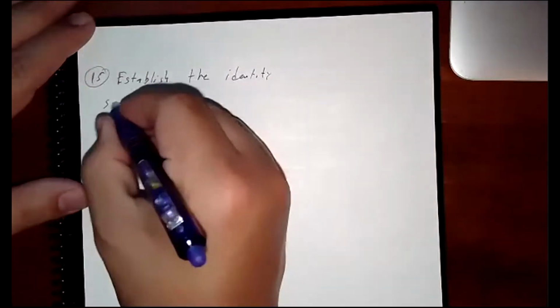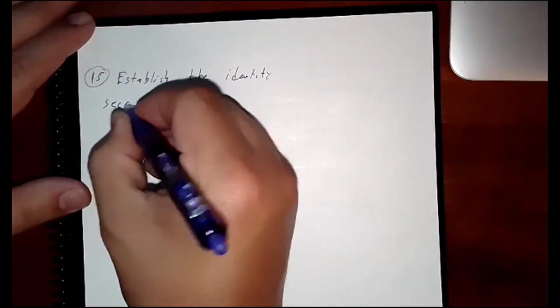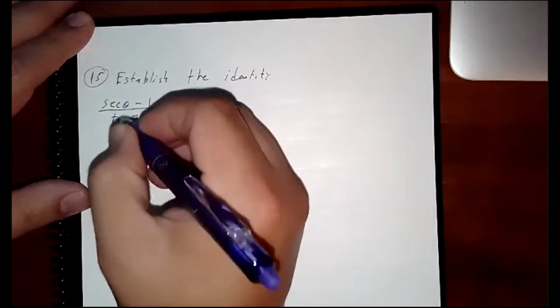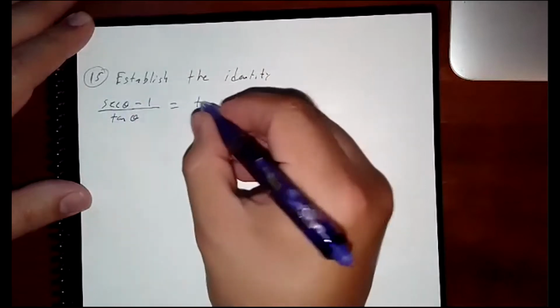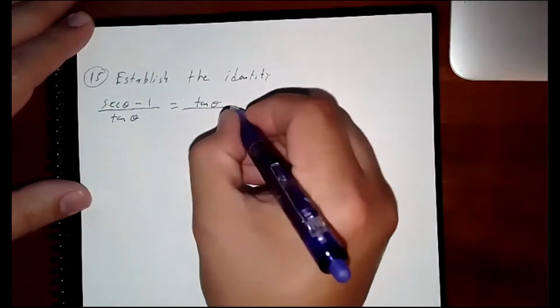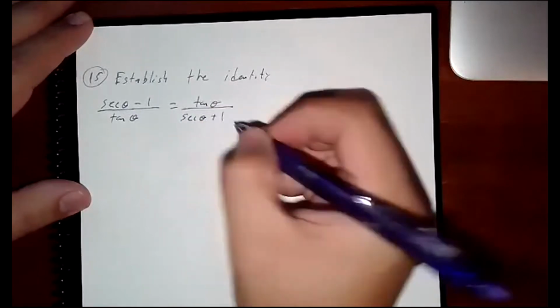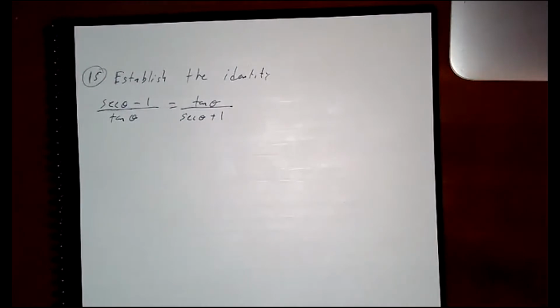So it says secant theta minus 1 over tangent theta is equal to tangent theta over secant theta plus 1. All right. So we gotta choose a side, and then we gotta prove the other side, or get to the other side.